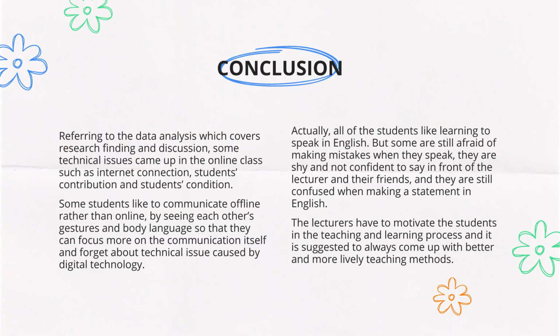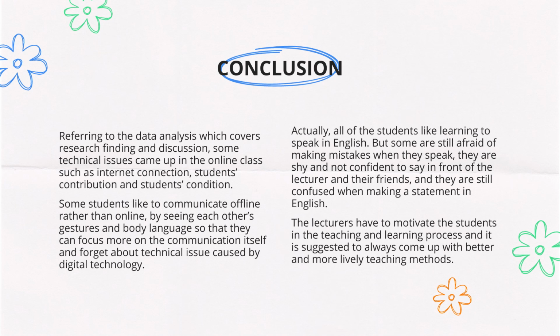Referring to the data analysis which covers research findings and discussion, some technical issues came up in the online class, such as internet connection, student contribution, and student condition. Some students like to communicate offline rather than online by seeing each other's gestures and body language so that they can focus more on the communication itself and forget about technical issues caused by digital technology.